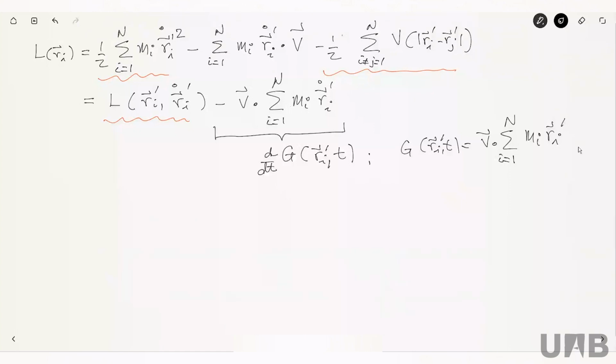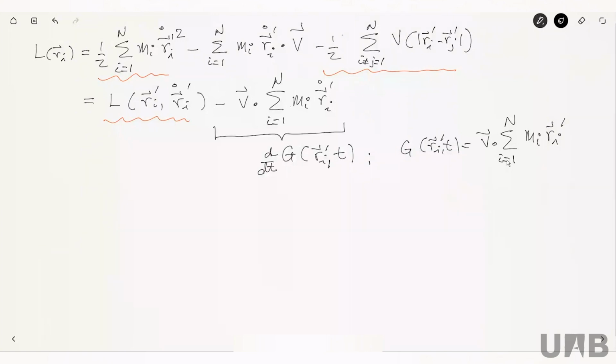So this is an example of a situation in which the Lagrangian changes, but the action doesn't change because the piece that is added is a total derivative of a function which depends only on the generalized coordinates. In this case, it depends only on the position vectors, but not the velocities. The derivative depends on the velocities, but the function itself does not. And that's a crucial property, right? So this is the thing that guarantees that the action is invariant, okay?